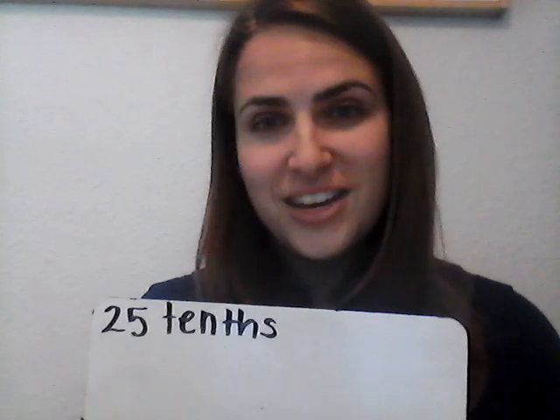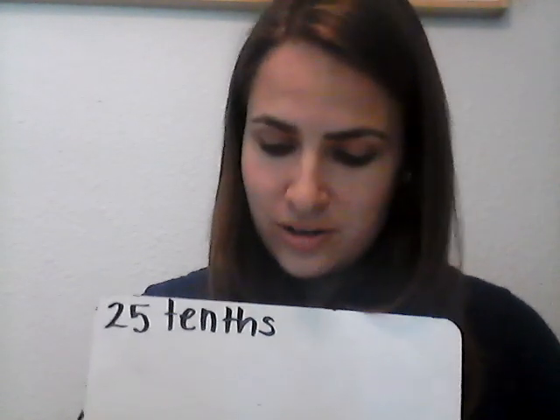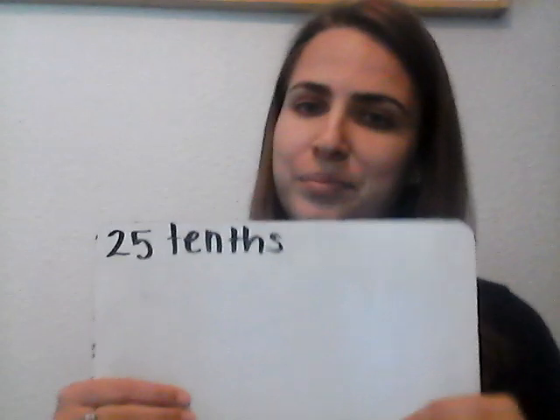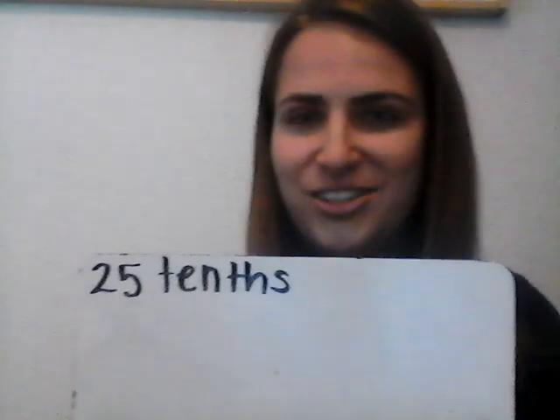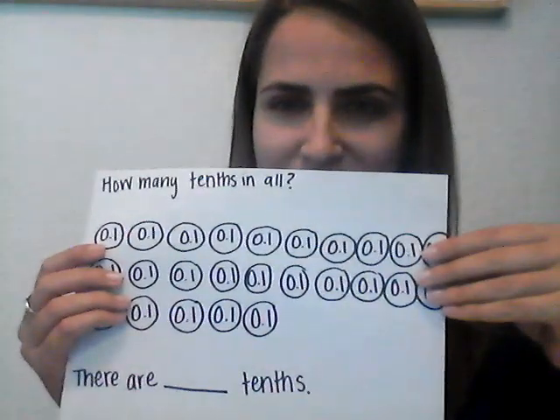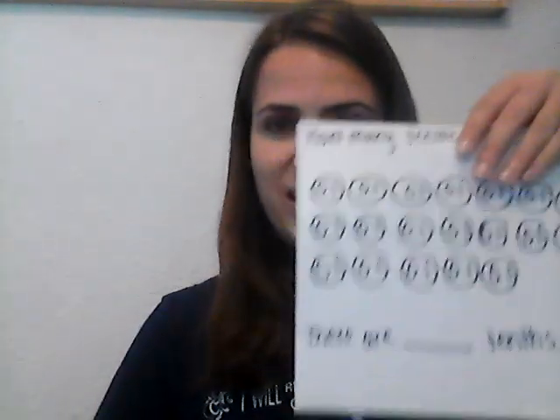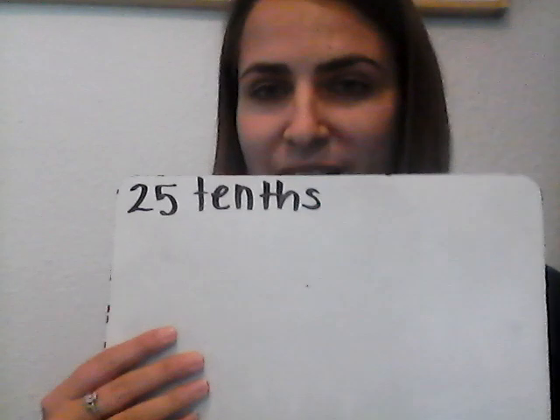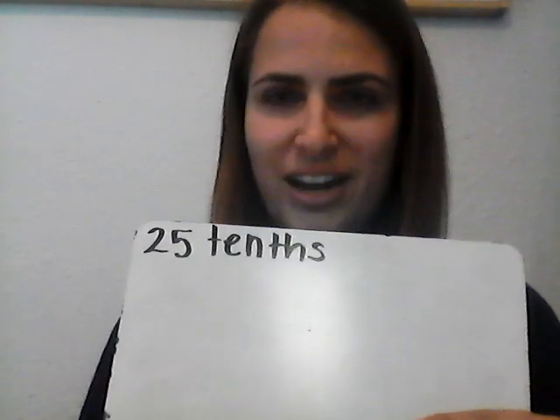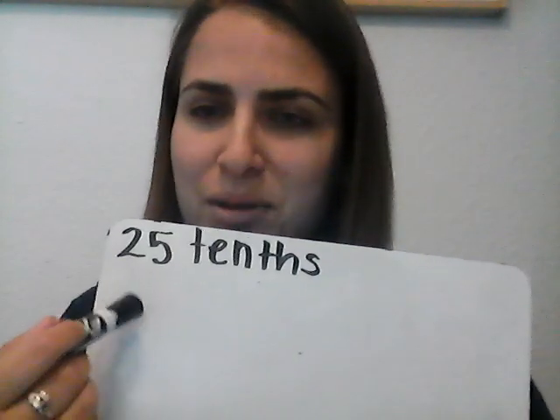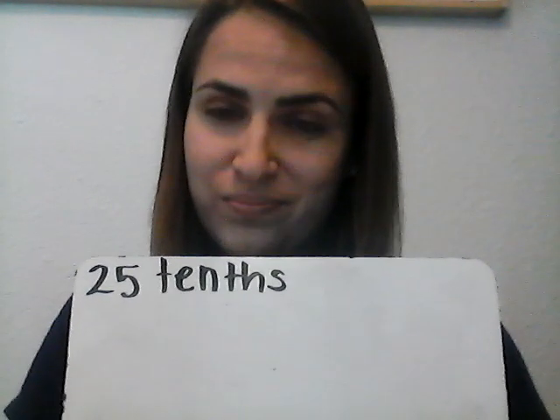Alrighty, so hopefully you paused the video and did some exploring on your own. But the first thing that I want us to cover, again, here we have 25 tenths, and we wrote it here in unit form. The first thing that I want us to do is to think about how this can be written as a fraction.